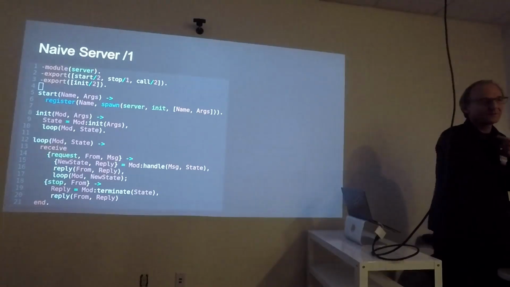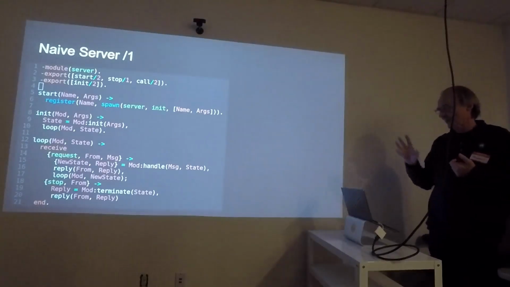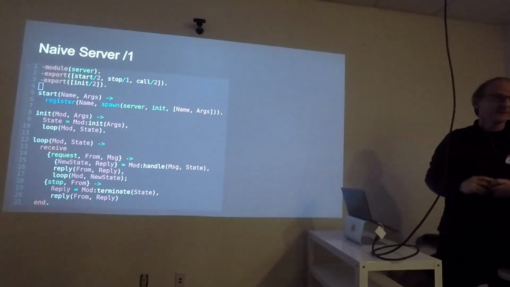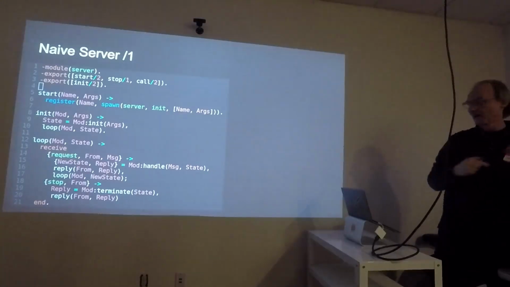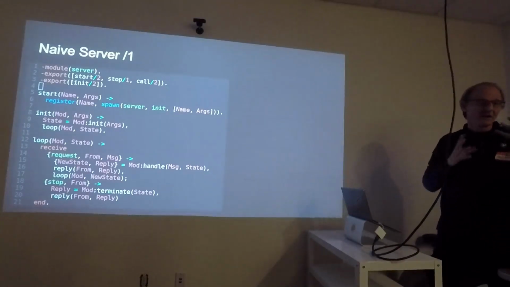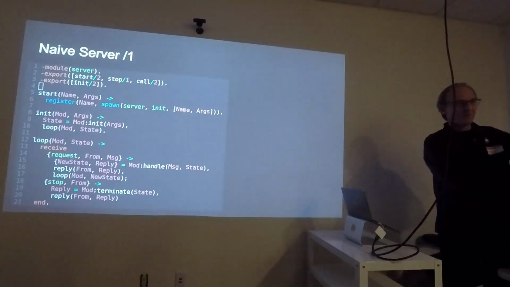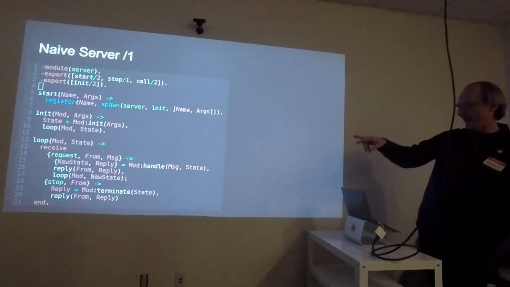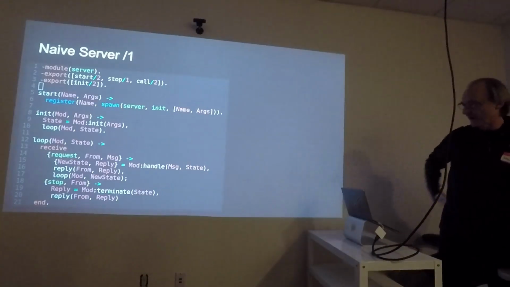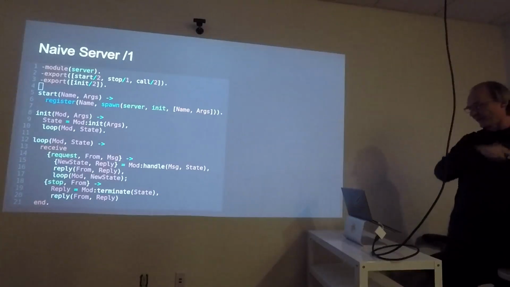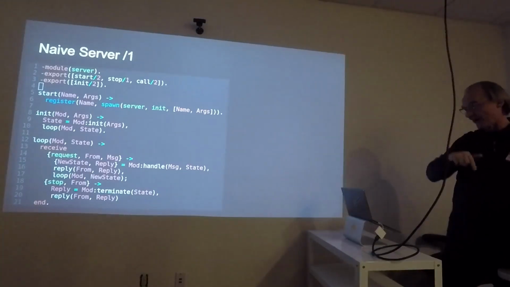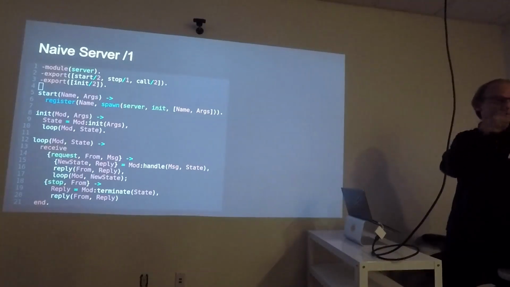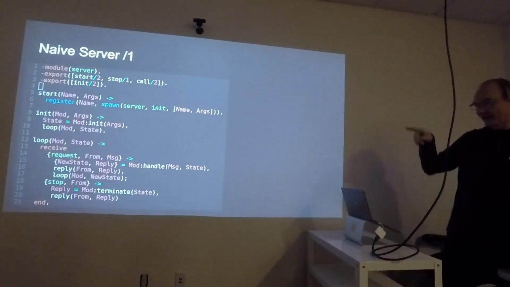I'm calling back into the allocate module in this case, calling a method called handle and giving it the message. So I'm going back and forth. The server is basically just handing these things back to my module when I do a call. And then I do something, and then I call the reply function to reply back to the client, and then call myself again recursively. So I just loop there forever until I get a stop.